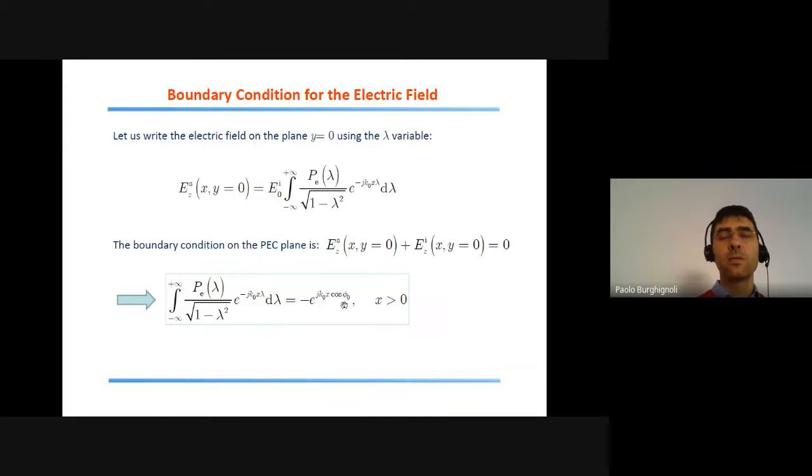Here in this equation, we have also simplified the incident amplitude E0I, so you do not see it appear explicitly. This is an integral equation that holds not on the entire y equals 0 plane, but only where the metal is present, that is, only where x is positive.